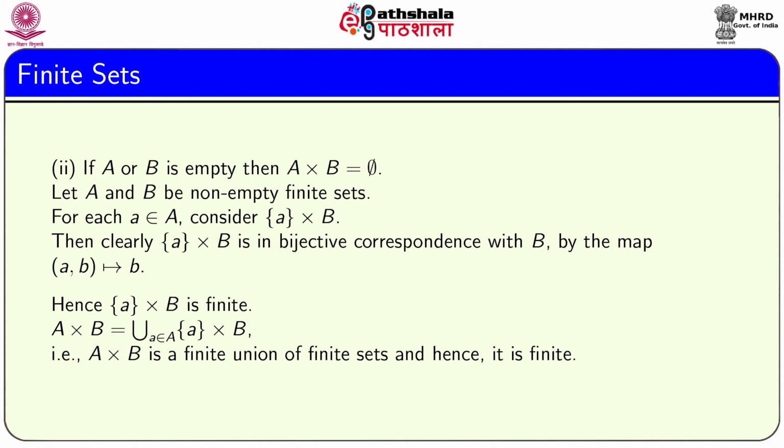So, the set singleton {a} cross B is finite, and hence we write A cross B as the union of singleton {a} cross B, where the union is taken over all the members of capital A. Now, since capital A is a finite set, this is actually a finite union of finite sets, and therefore, by the previous corollary, A cross B is finite.